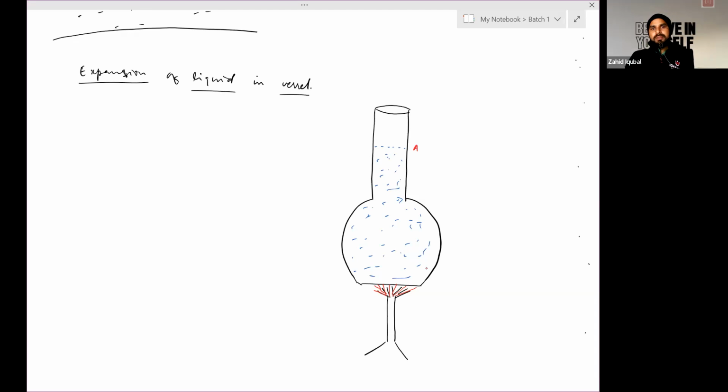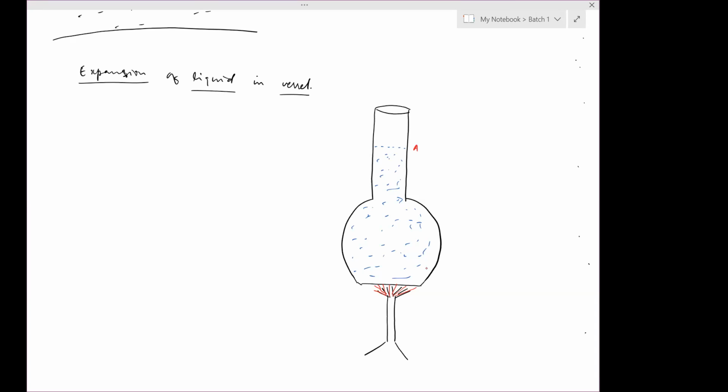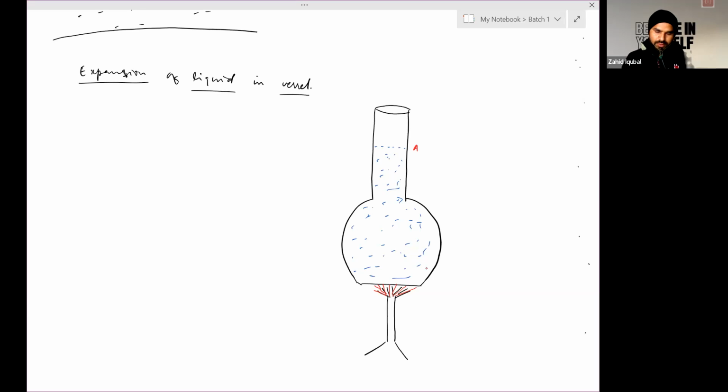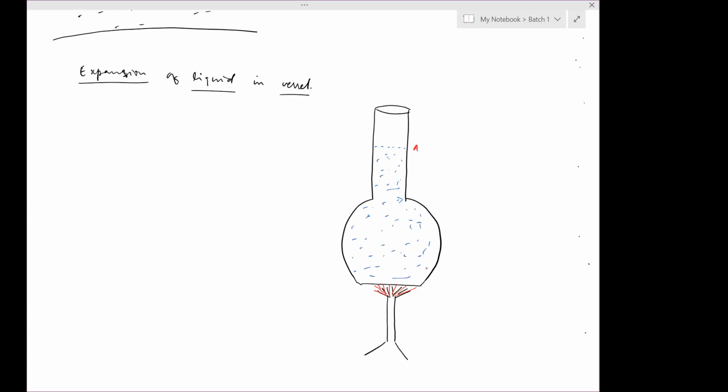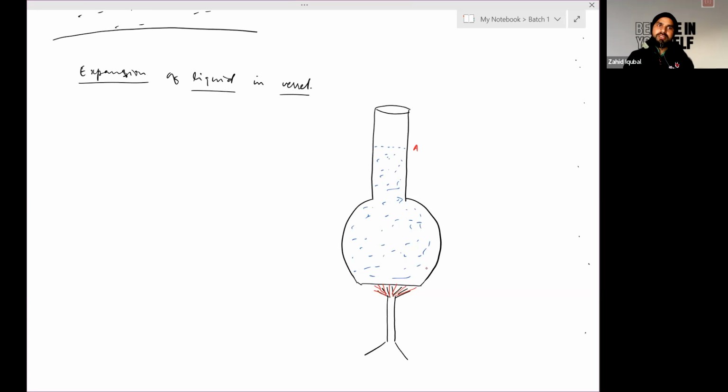Khalid, what will happen to the level of liquid? Will it increase or decrease? Sir, on heating, I think it will increase. Okay. Hamza? Sir, before evaporation, right? No, before evaporation we are considering.